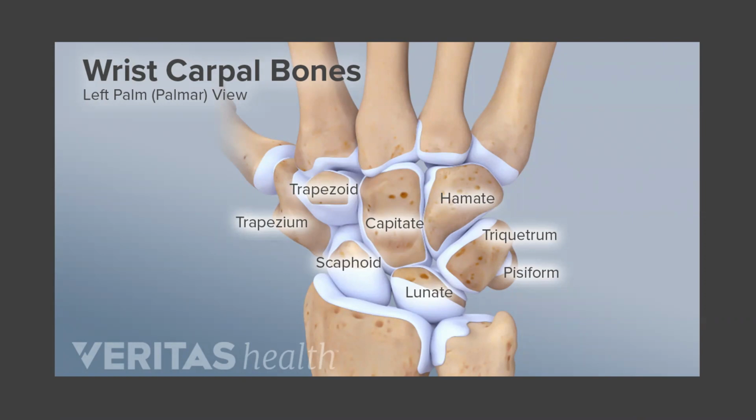The pisiform, you're going to feel if you go from your pinky straight down, and then you'll feel on the very end here, that's going to be the triquetrum. If you push your finger inward, you can kind of feel the hamate. Right below that triquetrum, that's where you're going to feel your pisiform. So a little notch sticking out, not the one that's on top, but the one that's on the side here.